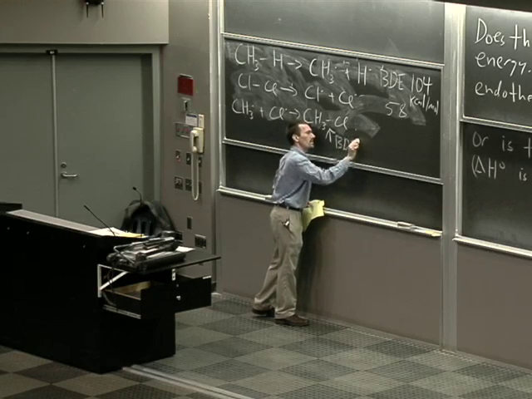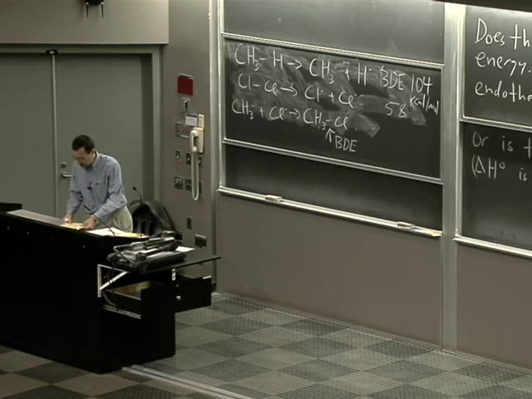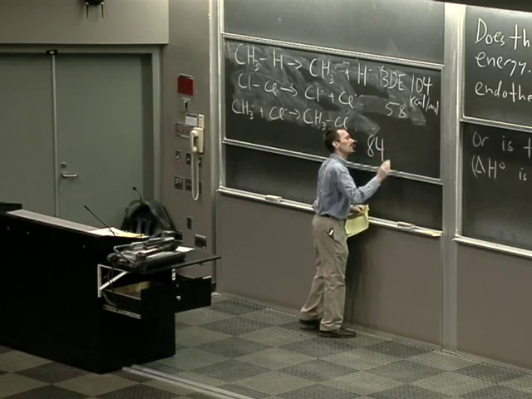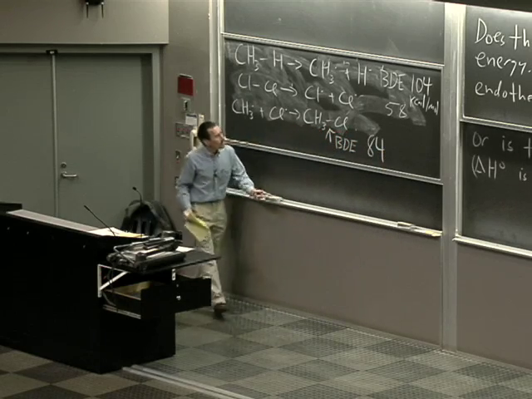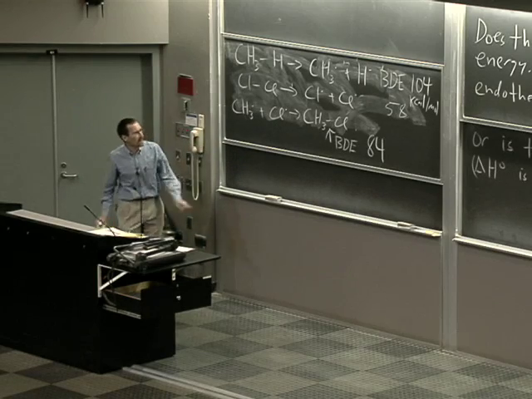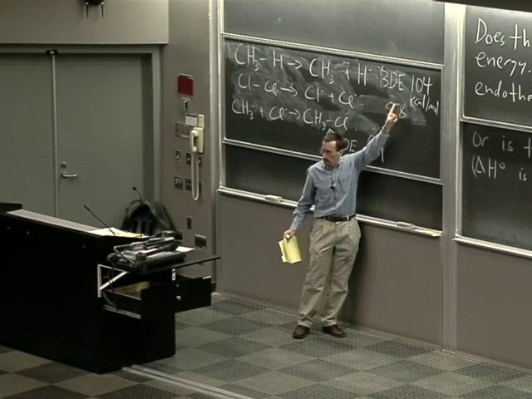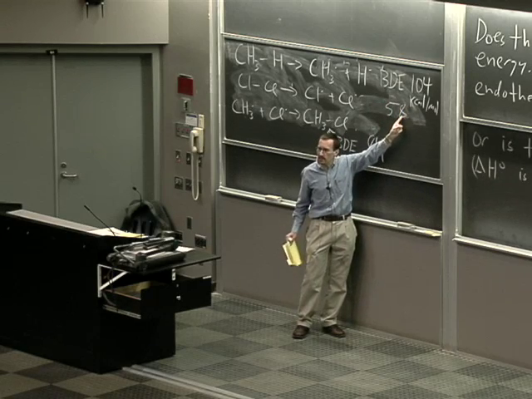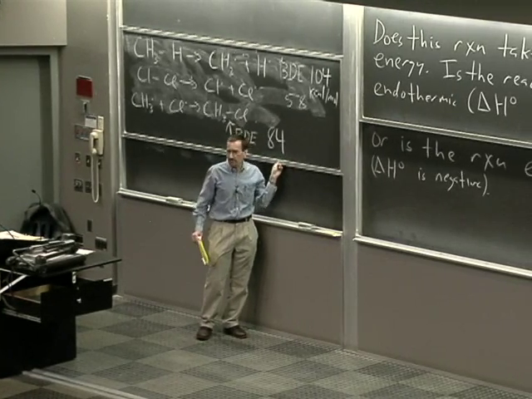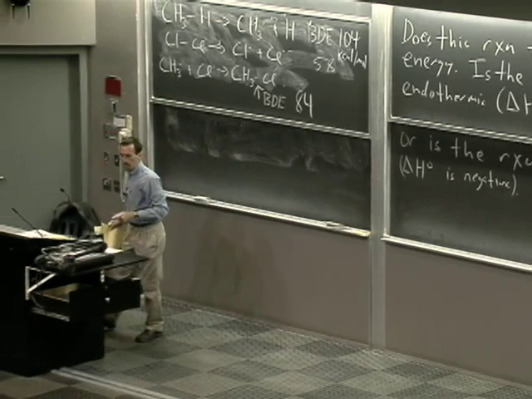In other words, the bond dissociation enthalpy of a methyl-chlorine bond, again taken from your table, is 84 kilocalories per mole. But of course, it's going to be in the opposite sense when we tally everything up. In other words, we're paying the price of 104. We're paying the price of 58. But we're getting a reward of 84 kilocalories per mole because formally we're forming that bond.